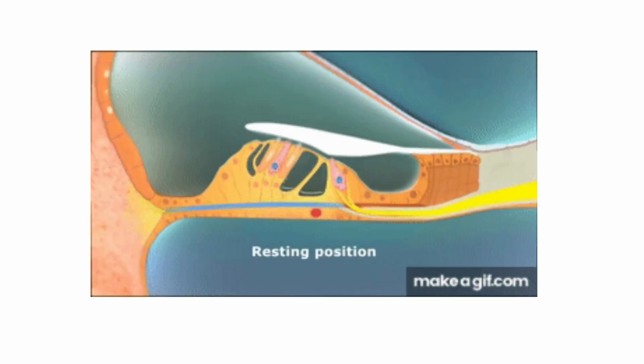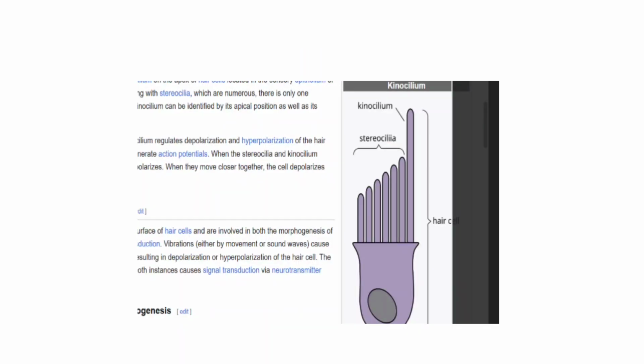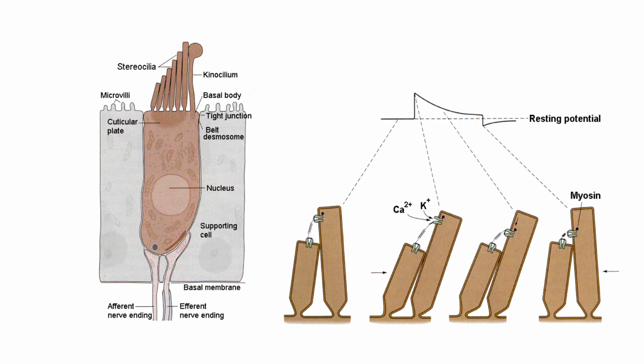When the basilar membrane is vibrating, the shorter stereocilia bend towards the taller stereocilia, towards the stria vascularis, and the cation channels, these tip links, open, and when they open, they allow the entry of potassium.